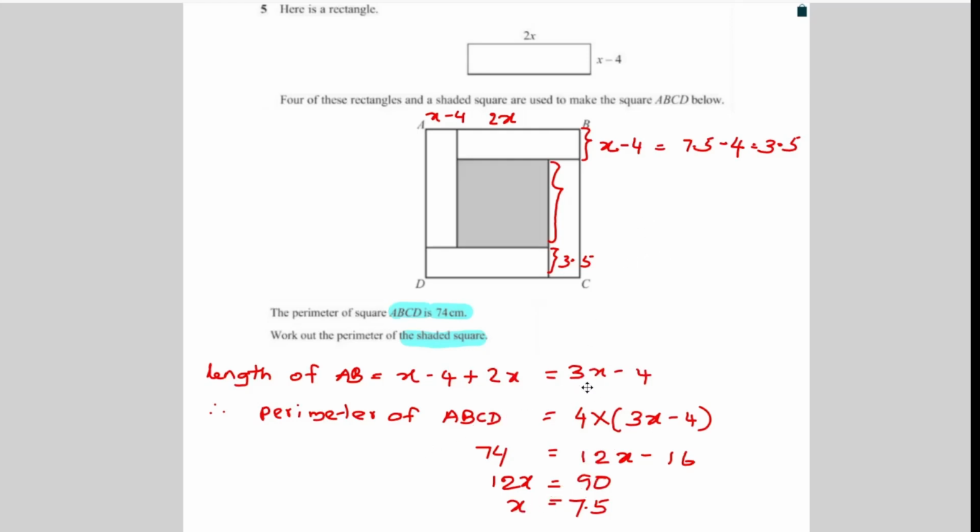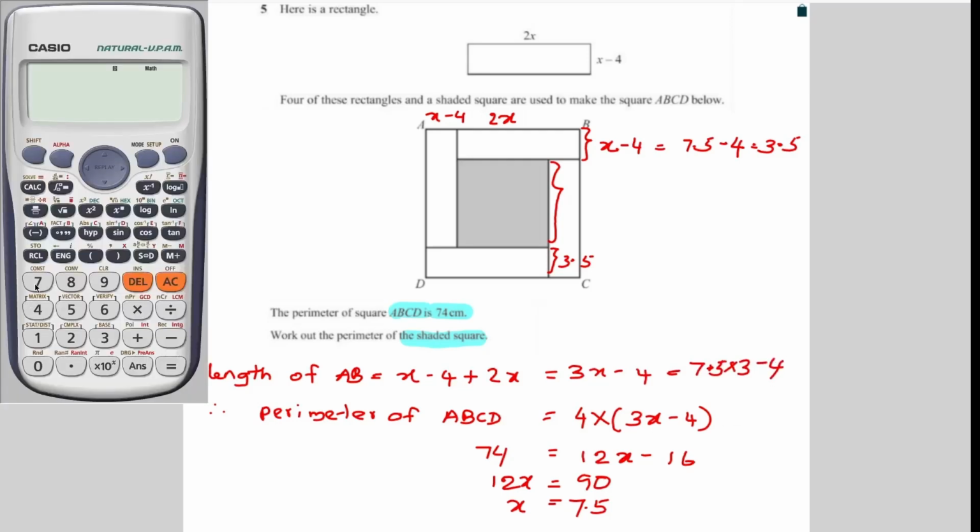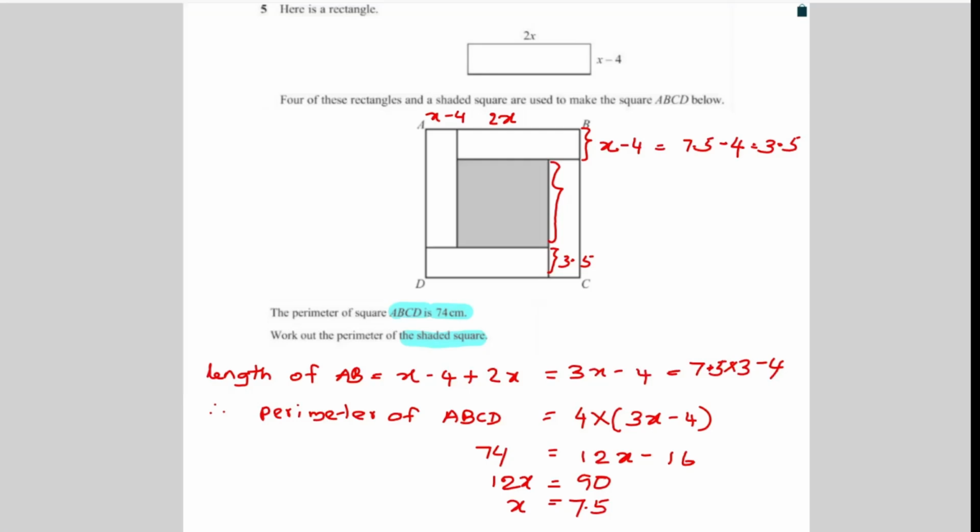BC is this one, or AB, BC. BC equals 3x minus 4, which is 7.5 into 3 minus 4, which gives 18.5. So the full length is 18.5.